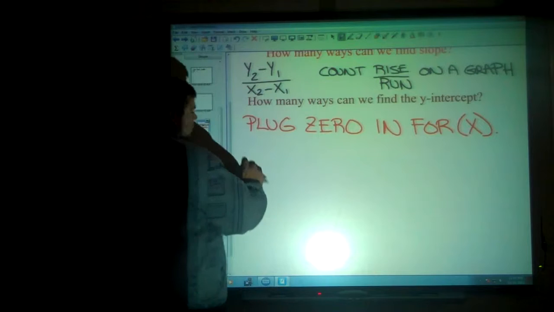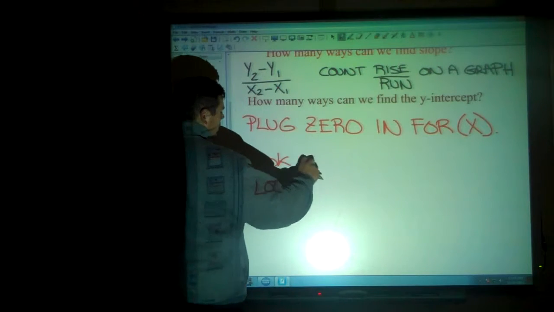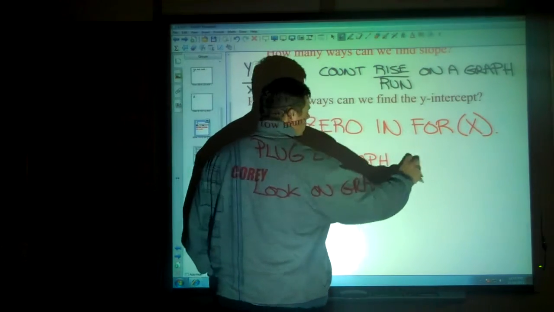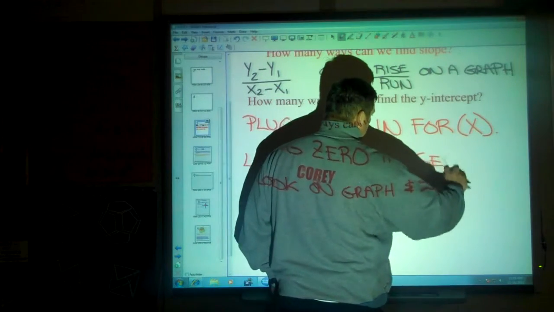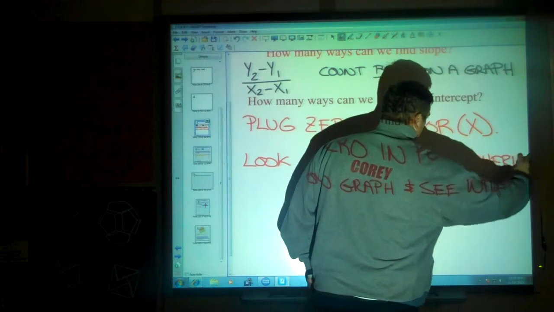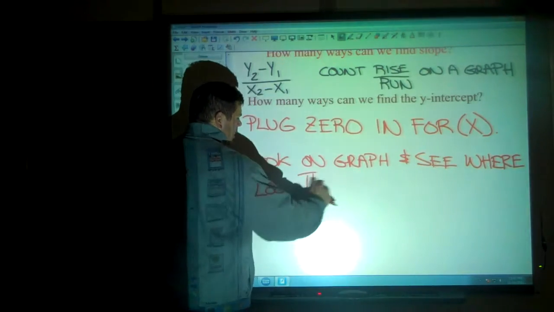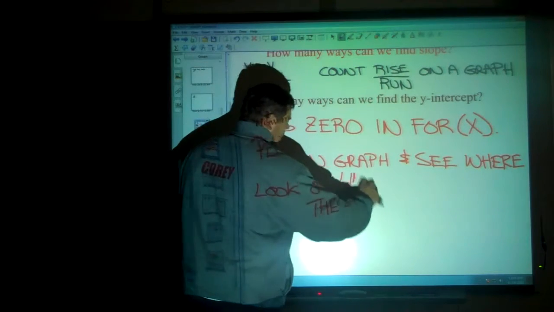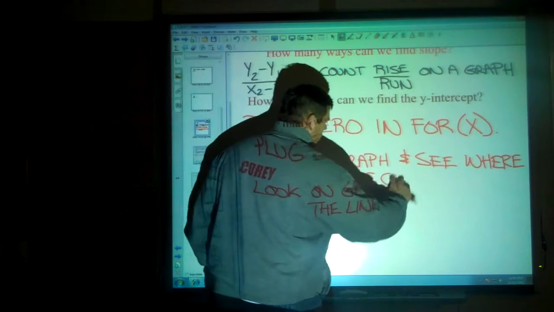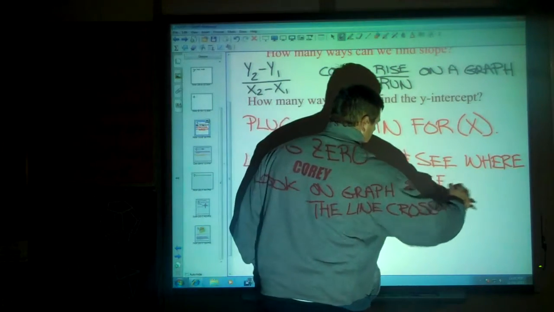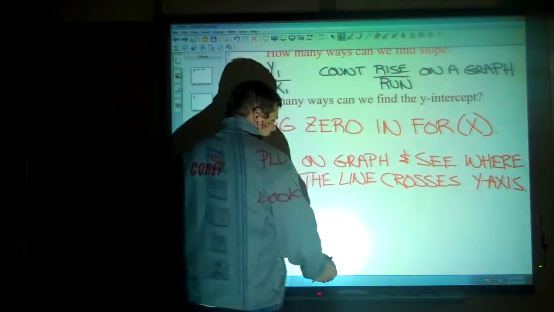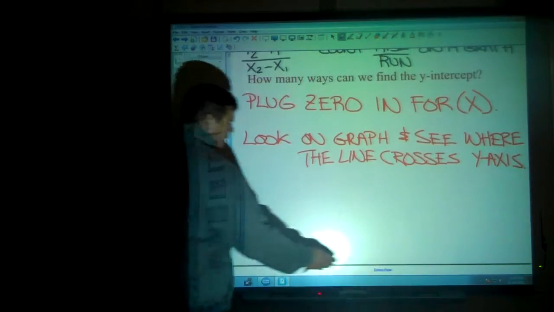We could also look on a graph and see where the line crosses the y-axis. And we actually have one more method.